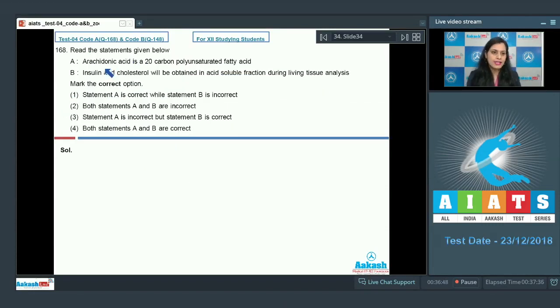Question number 168. Read the statements given below. The very first statement given is arachidonic acid is a 20-carbon polyunsaturated fatty acid, and this is a correct statement.